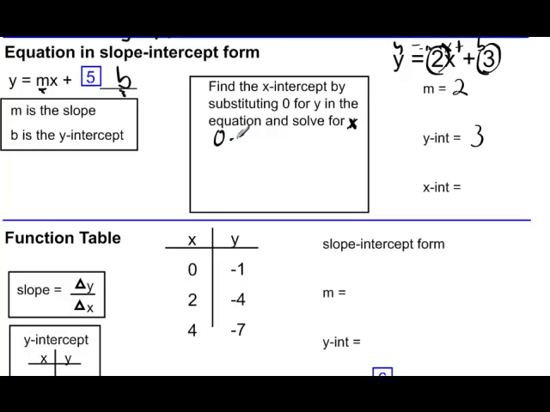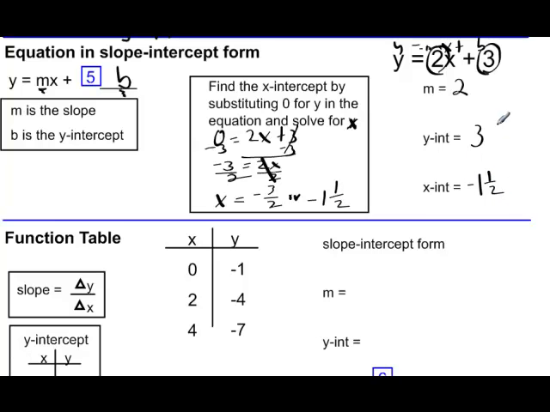So 0 equals 2x plus 3, and now we solve that equation for x. So I'm left with negative 3 equals 2x, multiplied by 2, so I divide by 2. So x equals negative 3 halves, or negative 1 and a half.